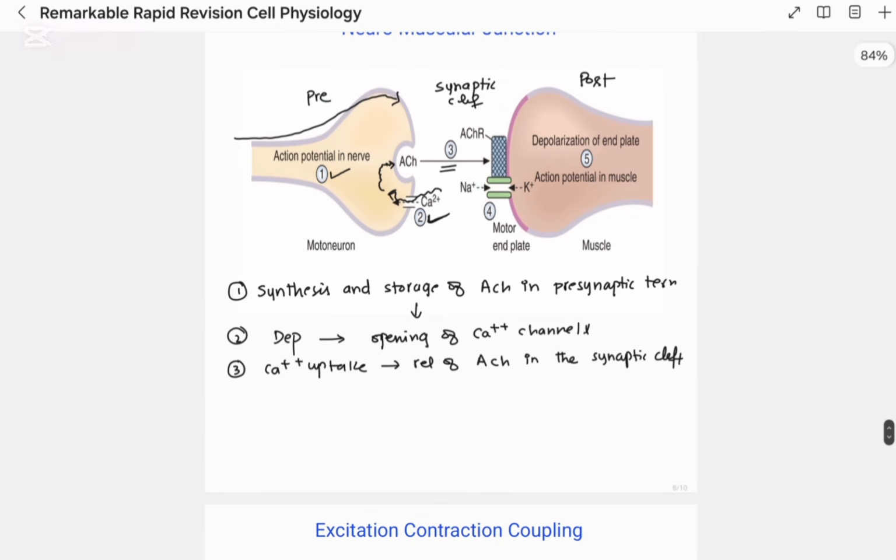Fourth step is the diffusion of acetylcholine towards the acetylcholine receptors.